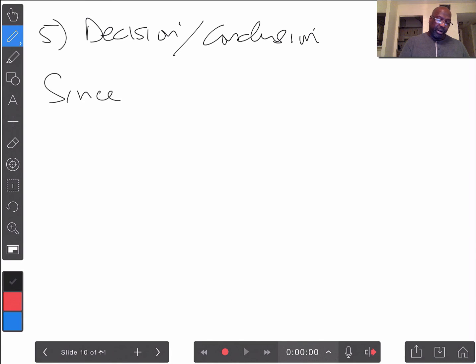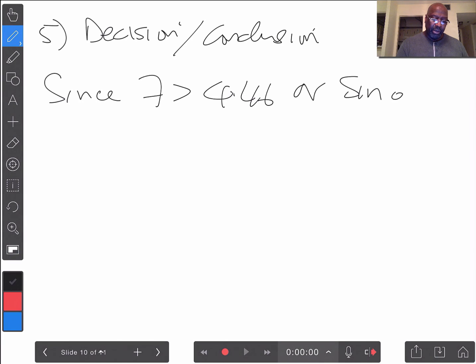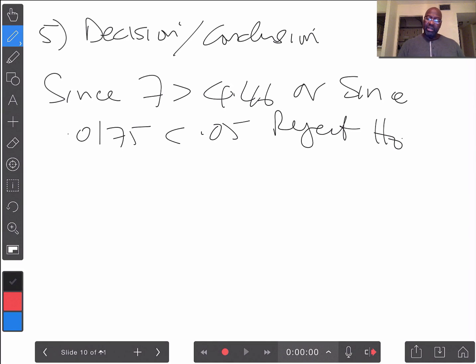If we do the critical value approach, since 7 is strictly greater than 4.46, or we could say since the p-value 0.0175 is less than 0.05, we will reject the null hypothesis.